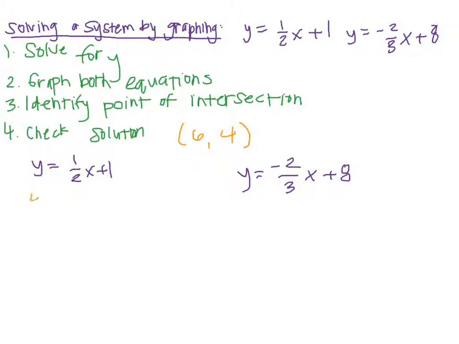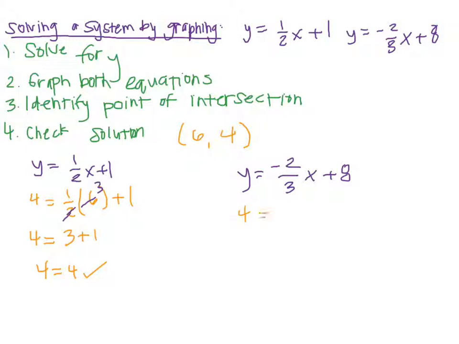So for my first equation, in place of y we have a 4. In place of x we have a 6, and then plus 1. And I know that the 2 cancels to a 1, 6 cancels to a 3. So what I'm left with is 4 equals 1 times 3 is 3, and 3 plus 1 equals 4, which is a true solution.